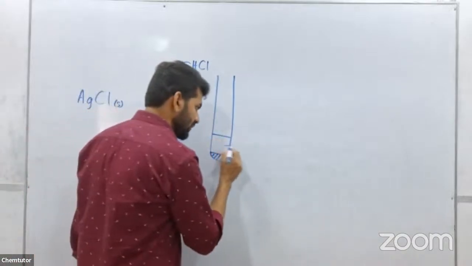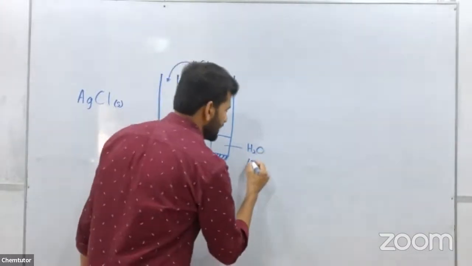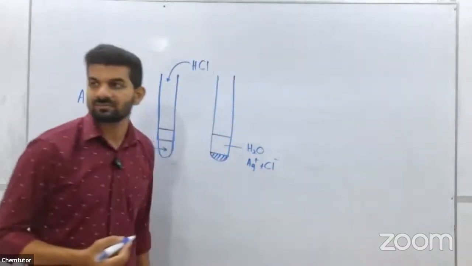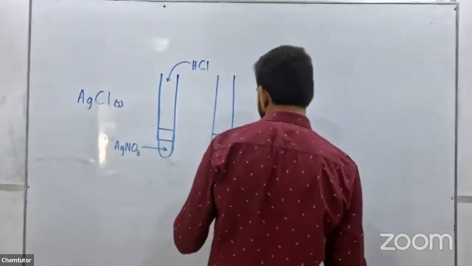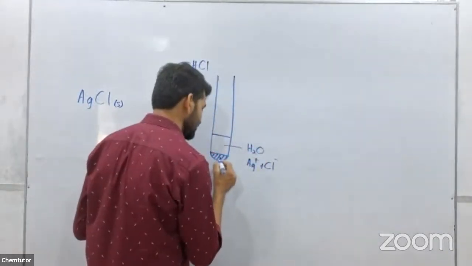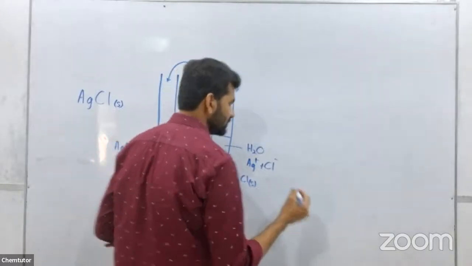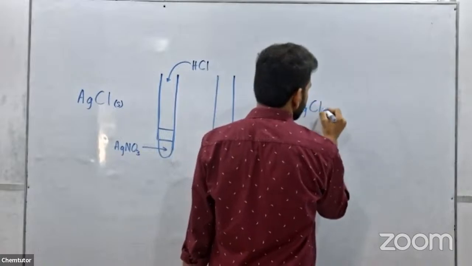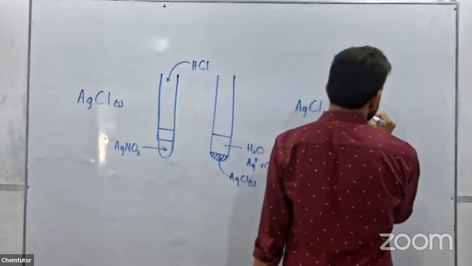But in this aqueous solution, this is mainly water. There are some Ag+ and Cl- ions present. Then with those Ag+ and Cl- ions, this silver chloride precipitate is there. So it will have a dynamic equilibrium like this.